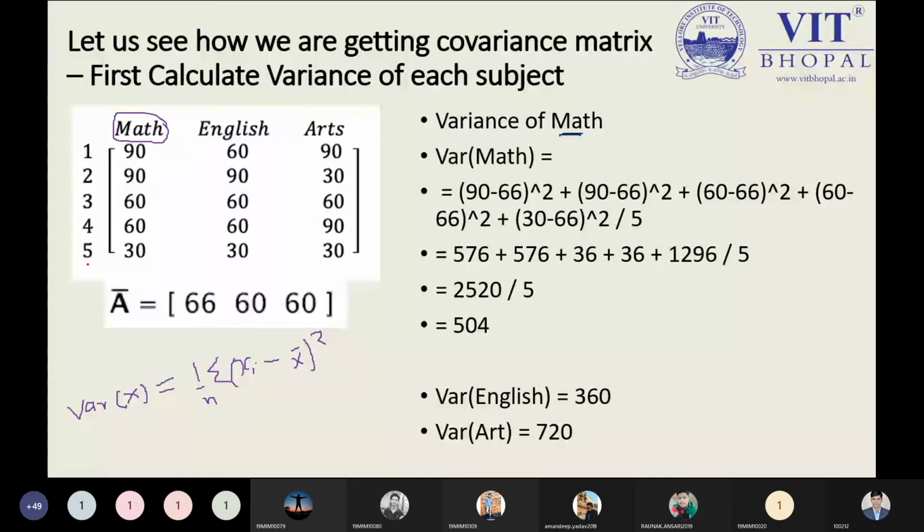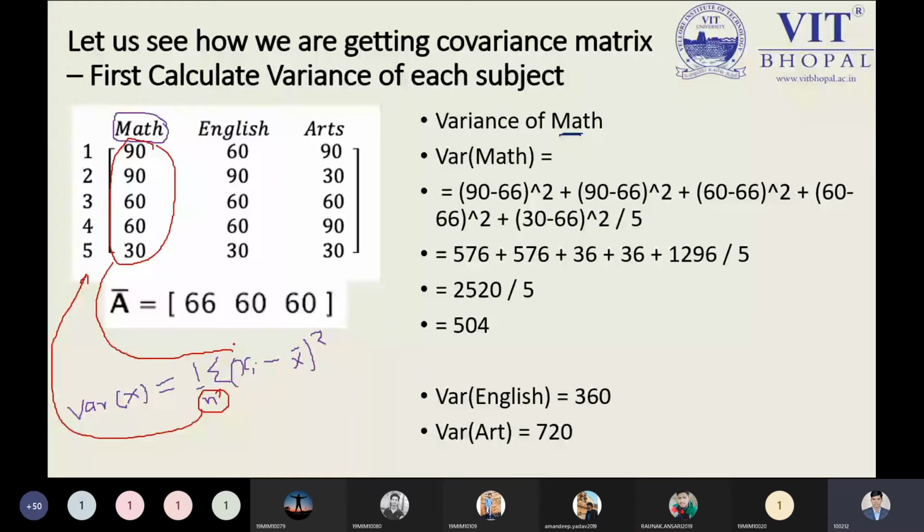Now, is it clear to all? Yes, sir. Okay, and these values 90, 90, 60, 60, 30 will be xi. Can I say that? Yes, sir.